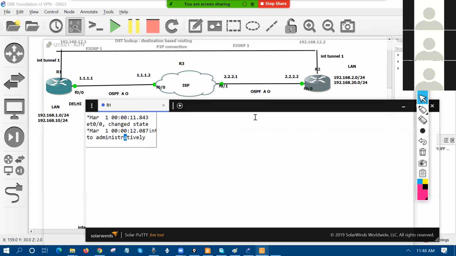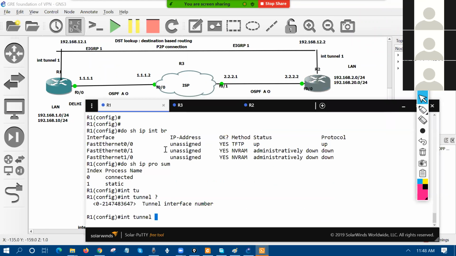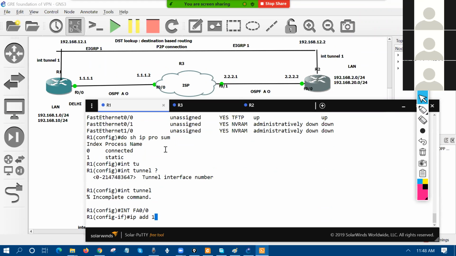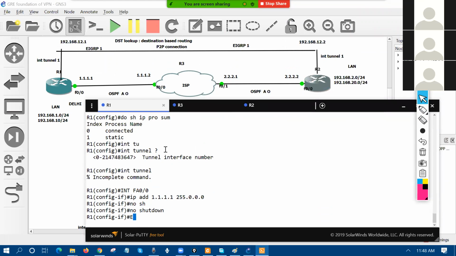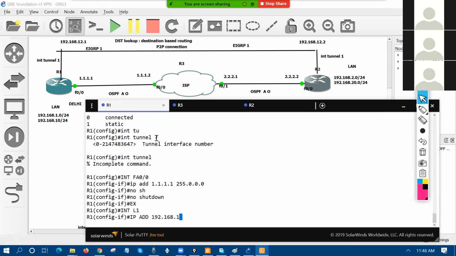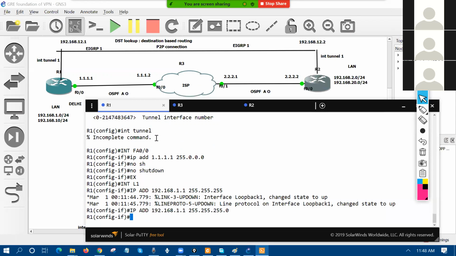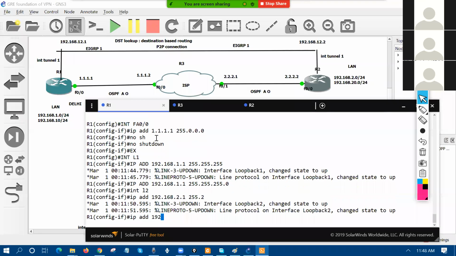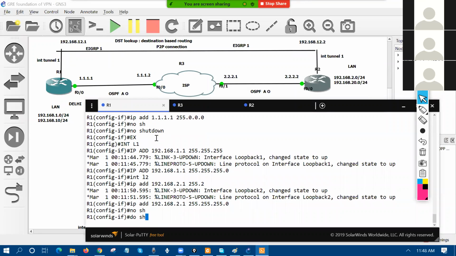So first of all, I'm going to give the basic IP addressing on the WAN interface, right? So interface 0/0 has the IP address 101/8, no shutdown. And we have some private networks: loopback number 1 /24 and loopback number 2 /24. Now do show ip interface brief.